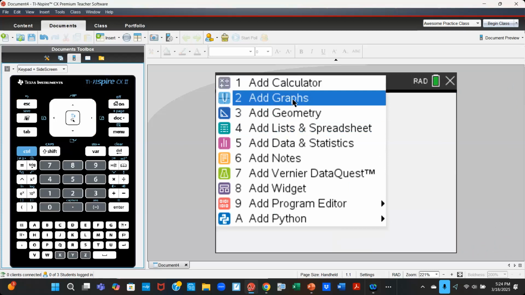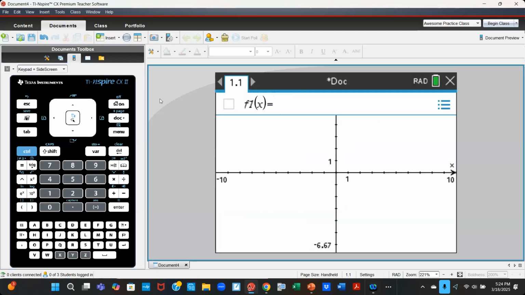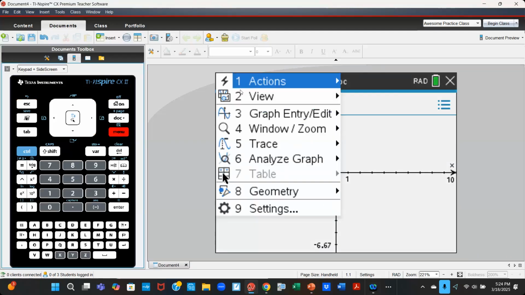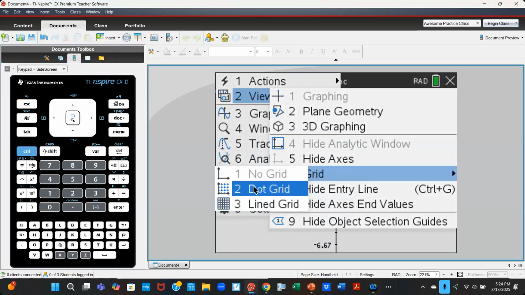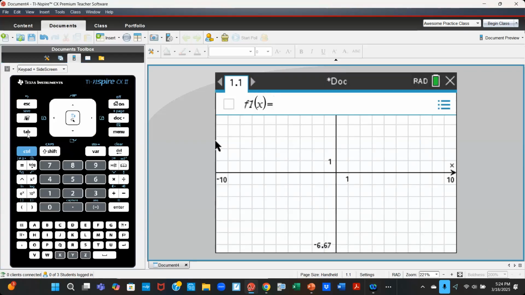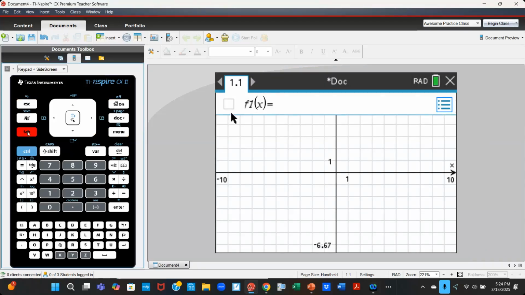And I'm going to go to a graphs page. And it sure would be nice if I had a coordinate grid on the background. And so I can do that. I'm going to go to menu, view, and grid. And I have a dot grid or a line grid. I'm going to go ahead and use that line grid. I'm going to take off that function line there.